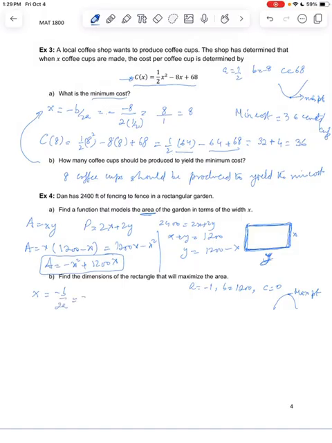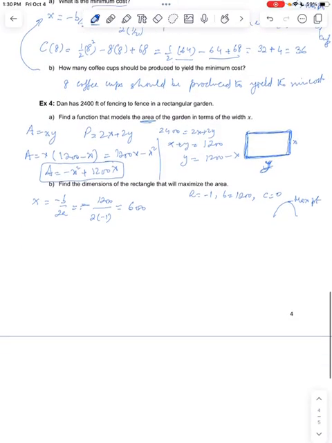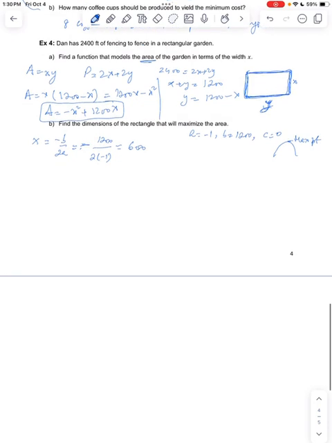So the negative and negative become positive, and 2 cancels 1200 and gives me 600. So x is the width, so width should be 600 feet, and the maximum area will be when I plug in 600 for x in here.